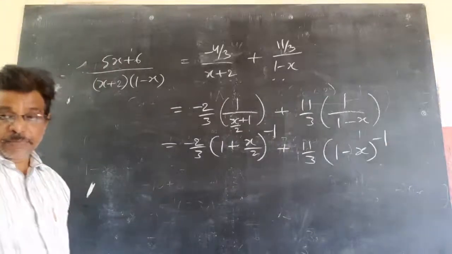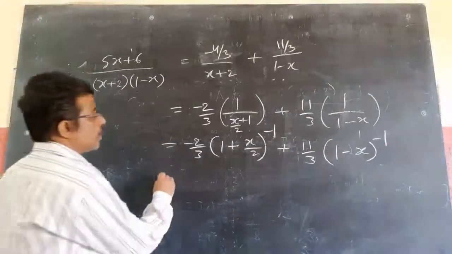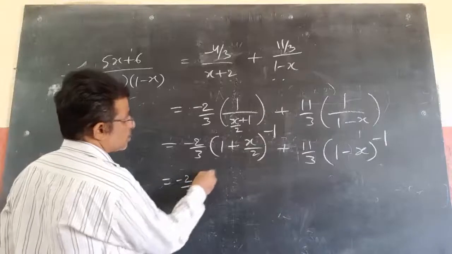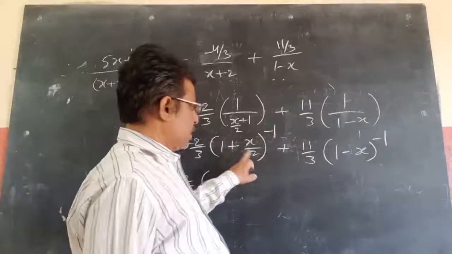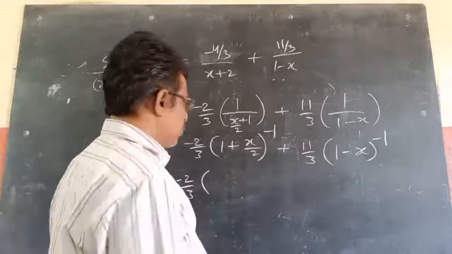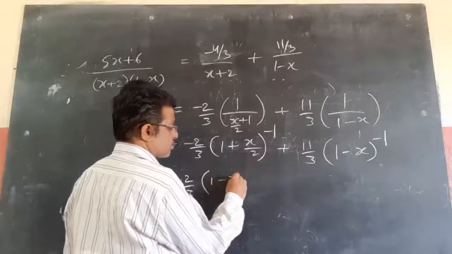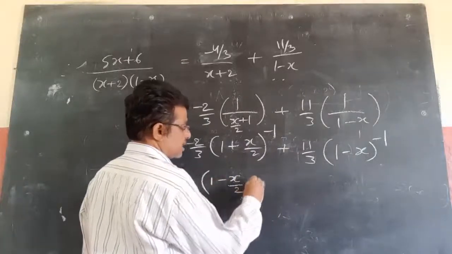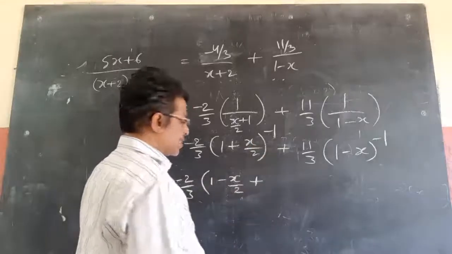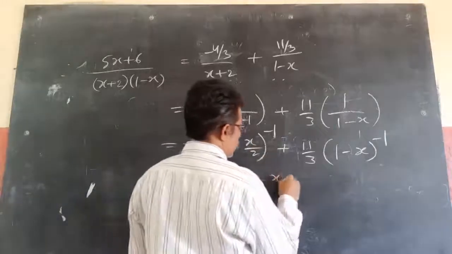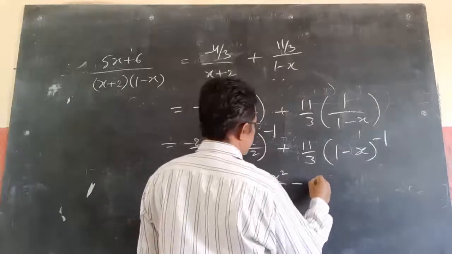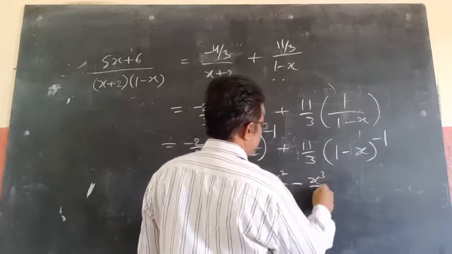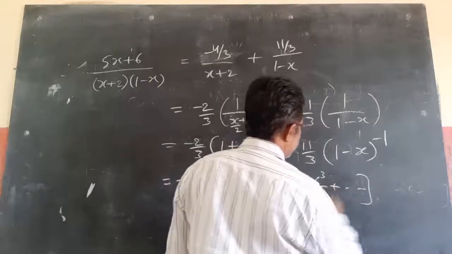Now, minus 2 by 3 into, this is the 1 plus x whole power minus 1 formula. So 1 minus x by 2 plus x square, that is x by 2 whole square, x square by 4, minus x by 2 whole cube means x cube by 8 and so on till infinity.